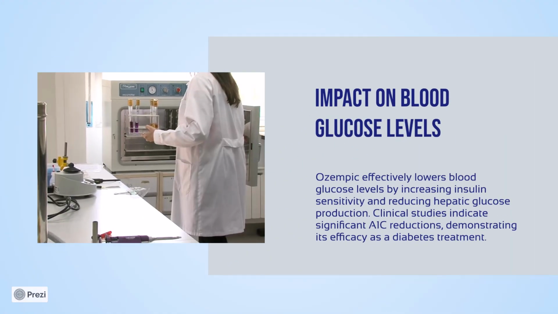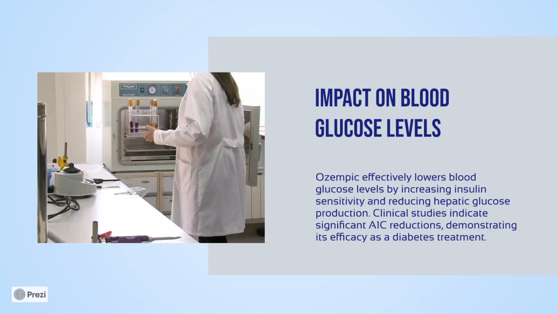The impact on blood glucose levels. Ozempic effectively lowers blood glucose levels by increasing insulin sensitivity and reducing hepatic glucose production. Clinical studies indicate significant A1C reductions, demonstrating its efficacy as a diabetes treatment.